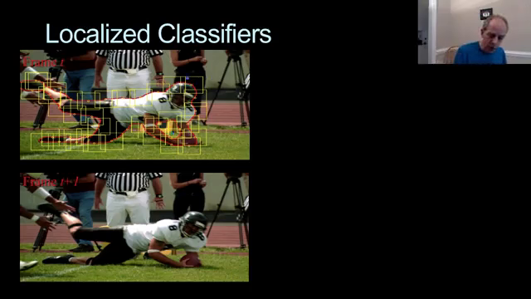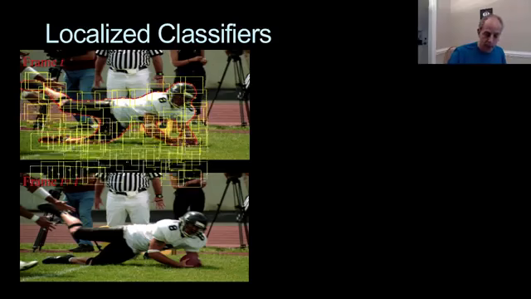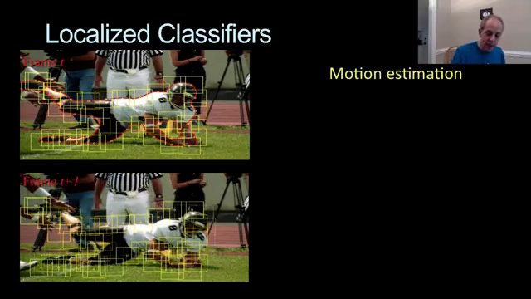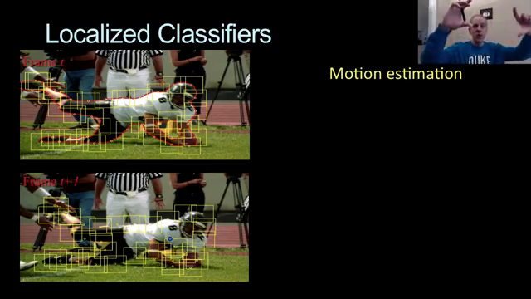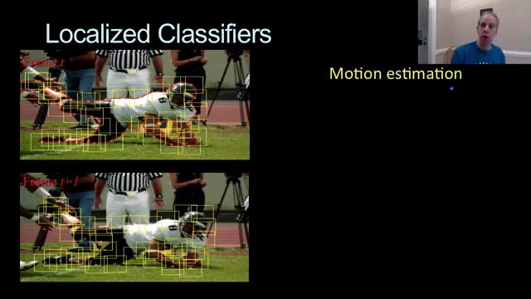And we have these windows all around, and I want now to segment out the player here. The first thing we do is we move these windows to the new frame. Now we can just move them with basically no shifts, and that won't be too bad, or we can move them following what's called motion estimation.